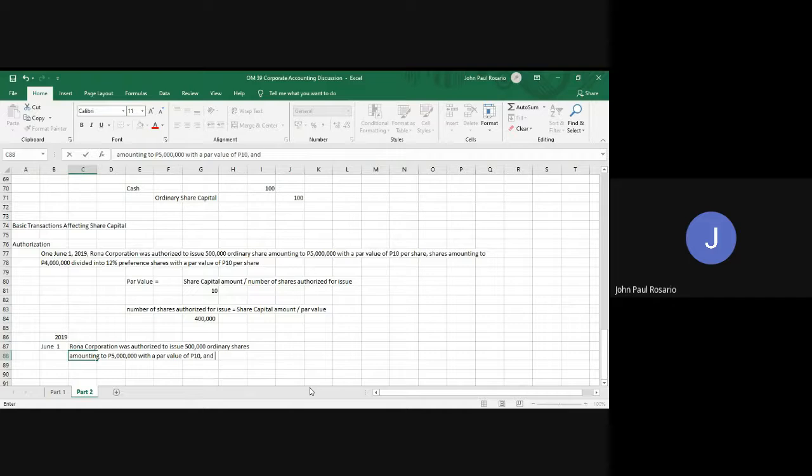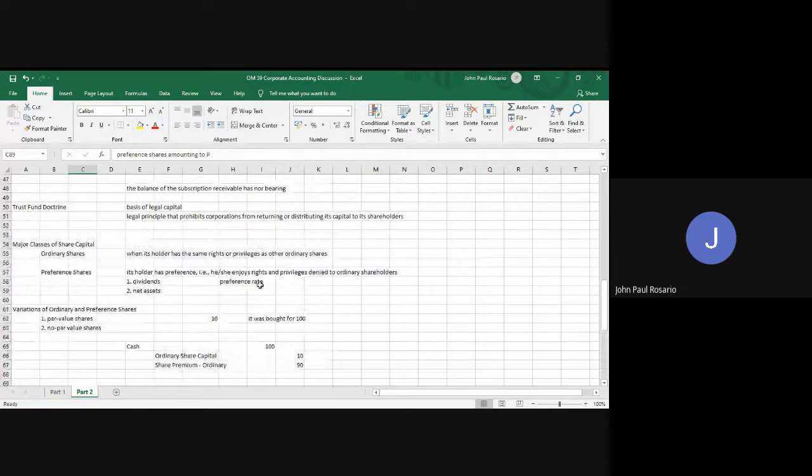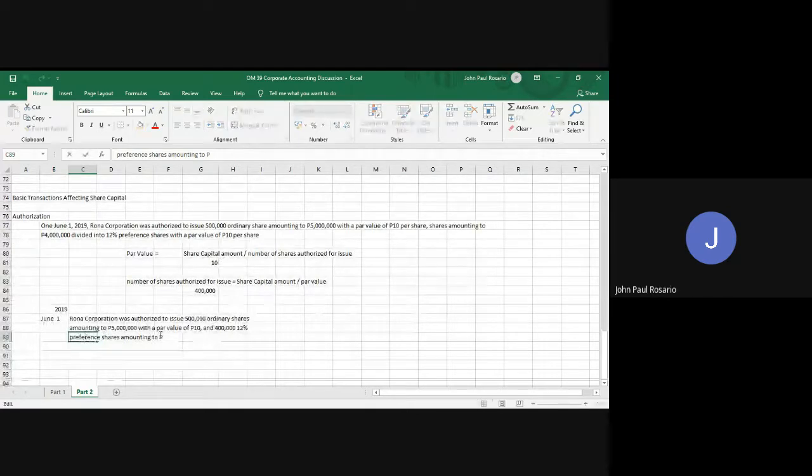400,000 12% preference shares amounting to 4 million pesos with a par value of 10 pesos. By the way, the 12% is what is called the preference rate.